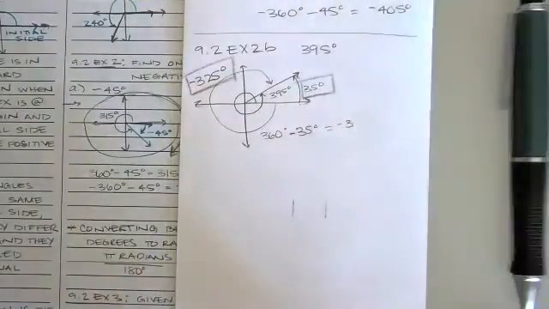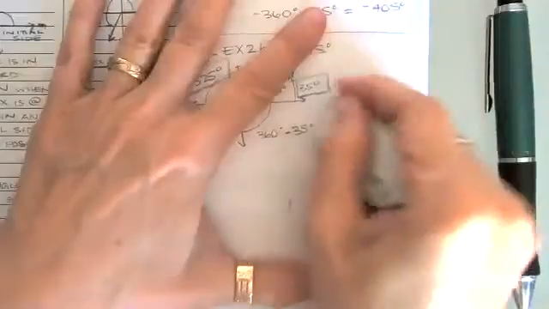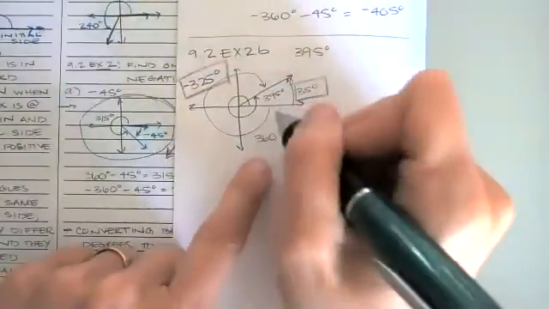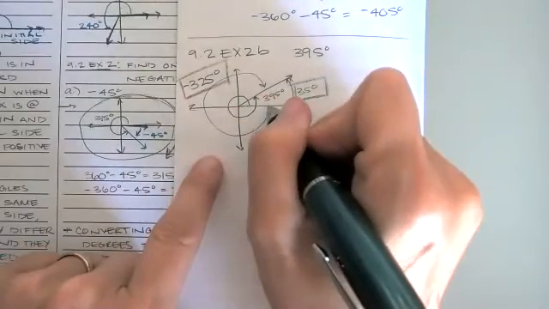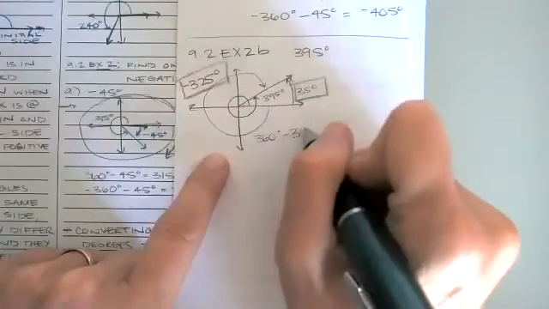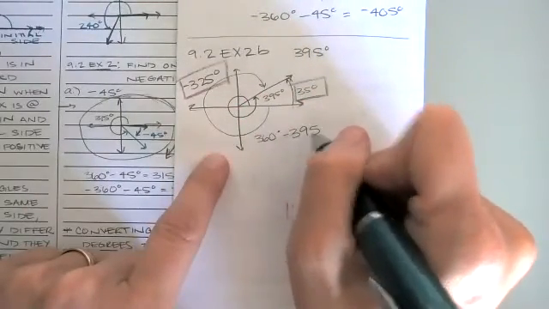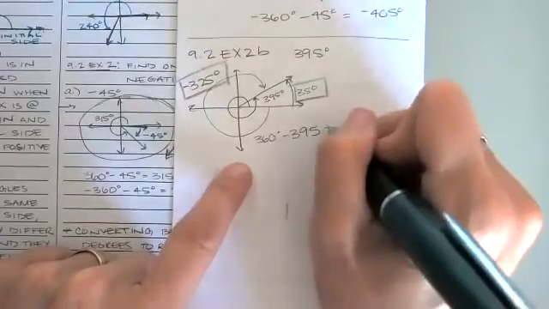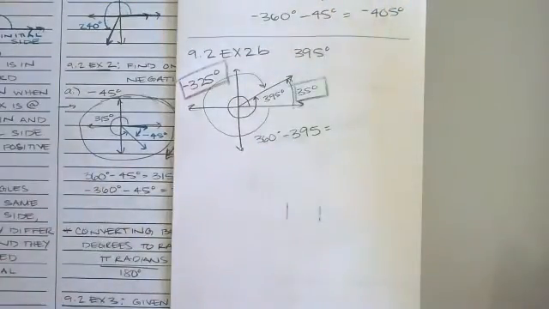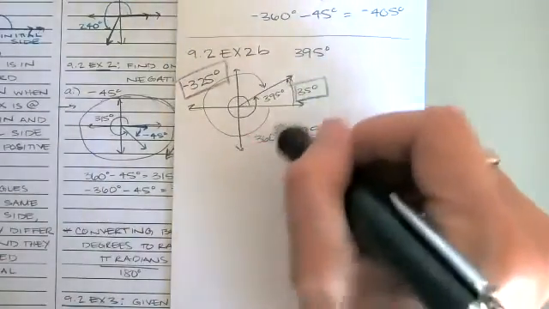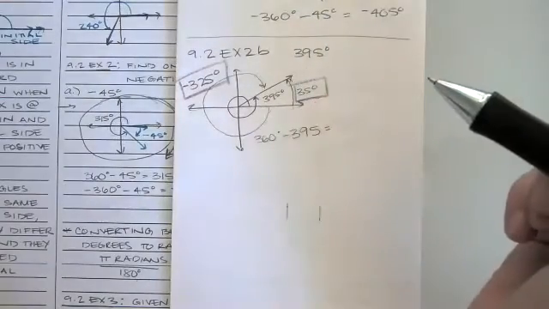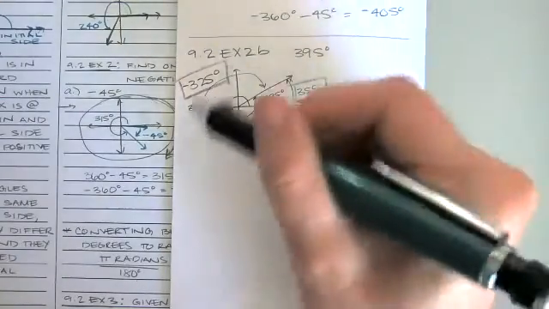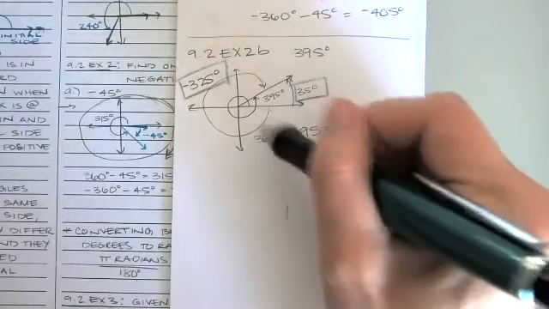Yes. Okay, let's try this again because that doesn't make sense. You're right. So if we have 360 degrees minus 395, that's what gave us... If we go around one time and then we back up 395, that will give us an angle down here.